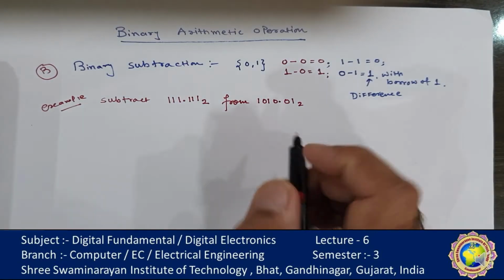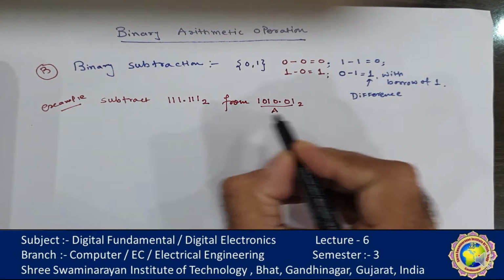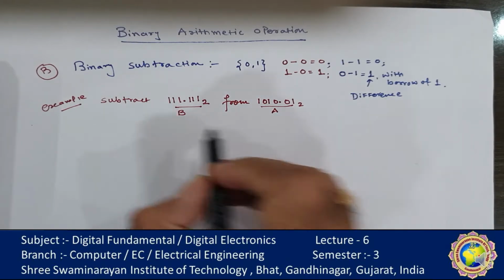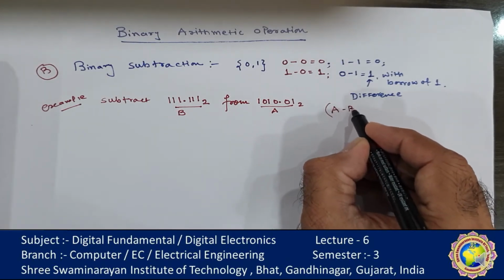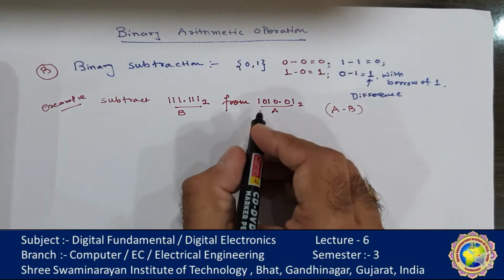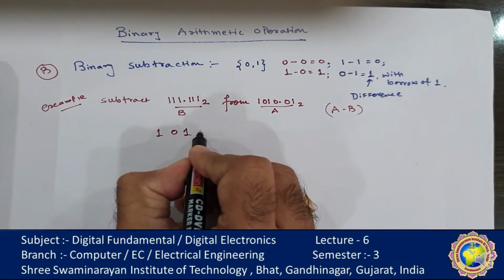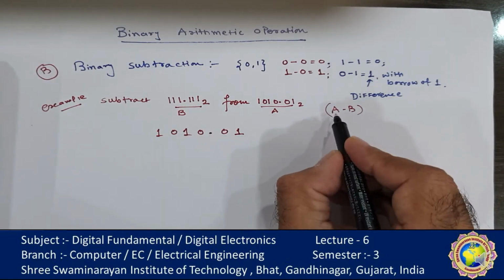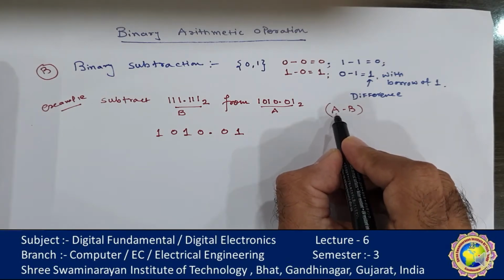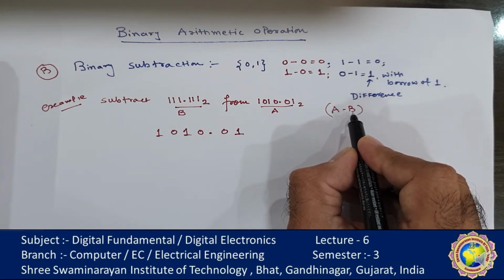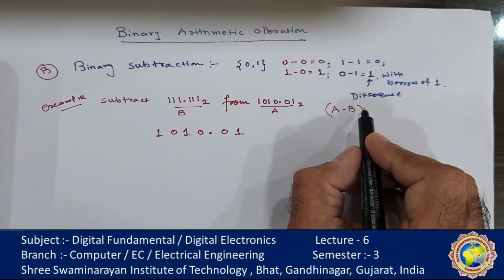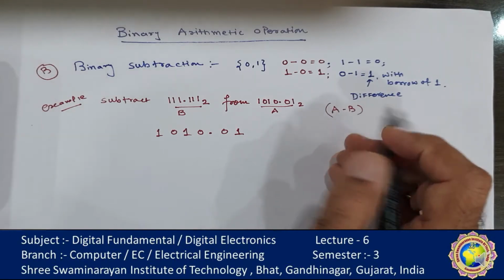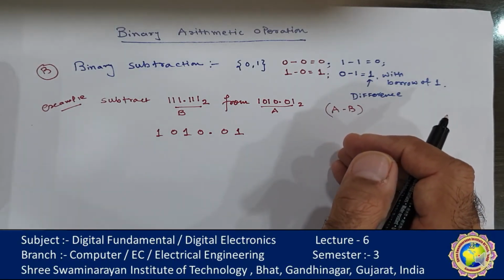So we have to perform A minus B. The first number is 1010.01. Remember that in subtraction A must be greater than B, else the answer will become negative. Like 25 minus 10, the answer is 15, but if we perform 10 minus 25, the answer is 15 but with a minus sign.